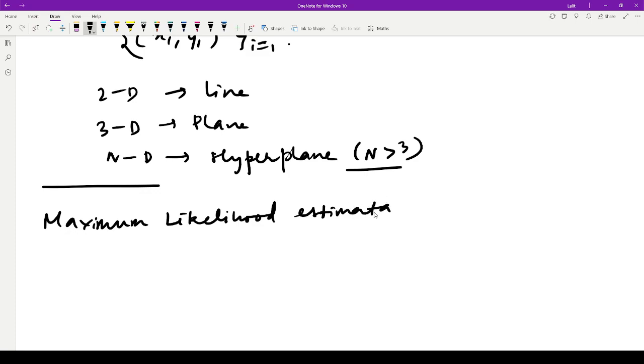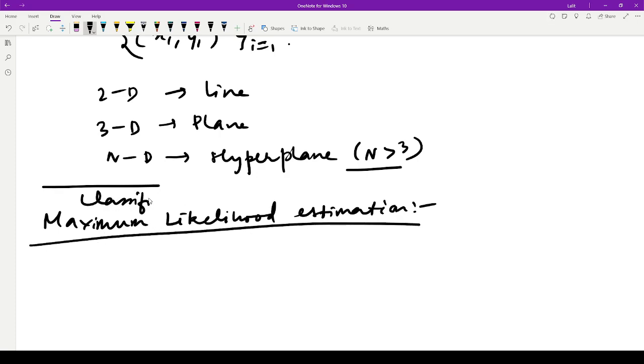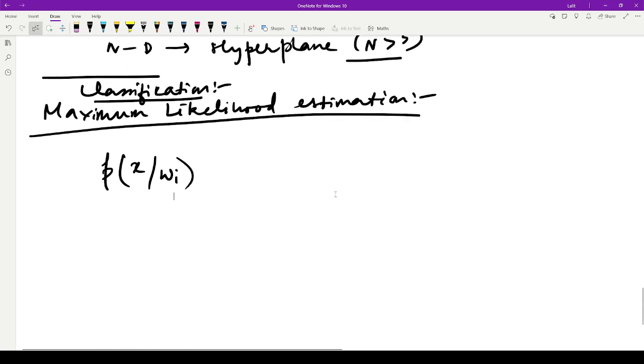What is the quantity you want to estimate? Not the parameters; that is something we choose to do. What we actually want is the probability of a data point given a class Wi. That's what we want to estimate.